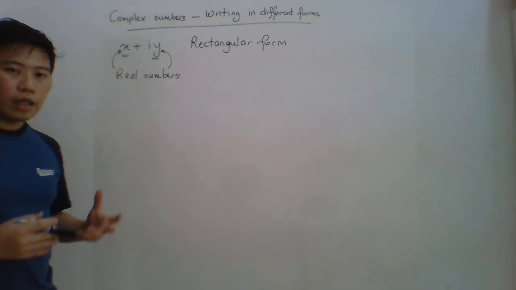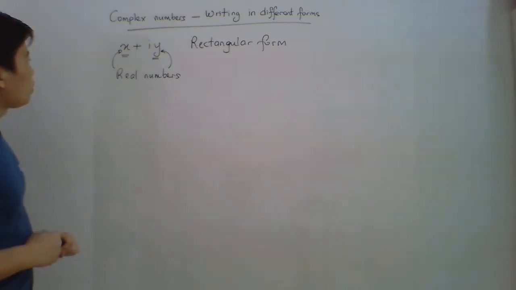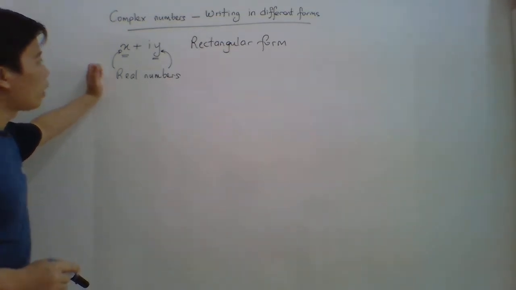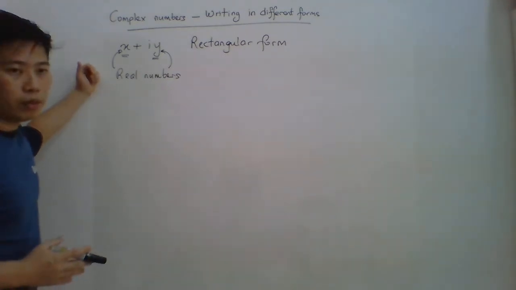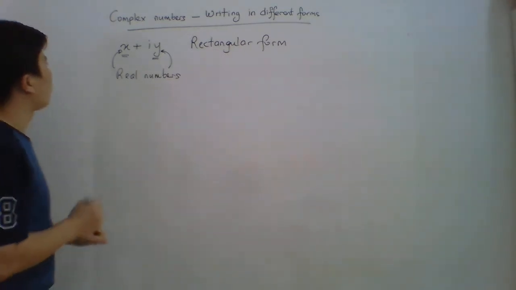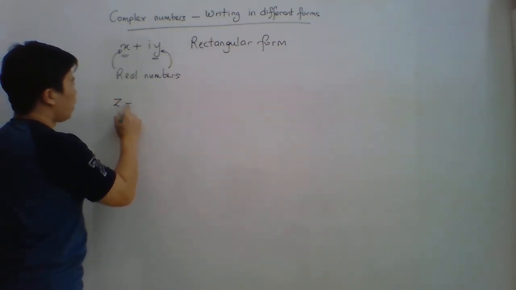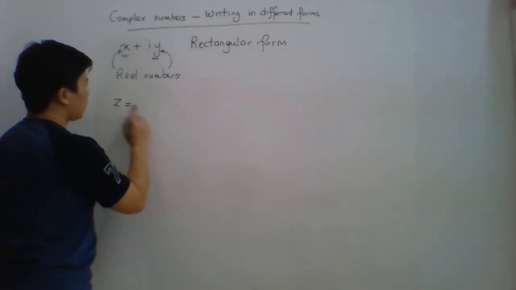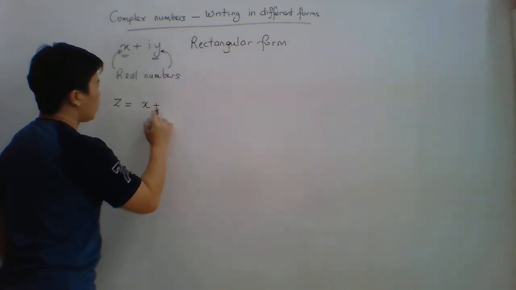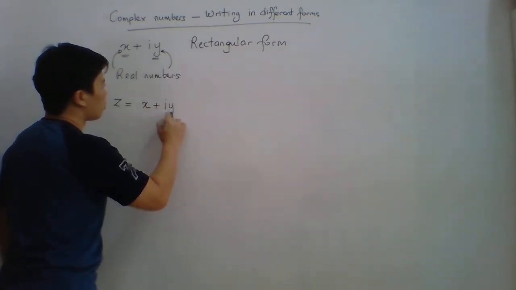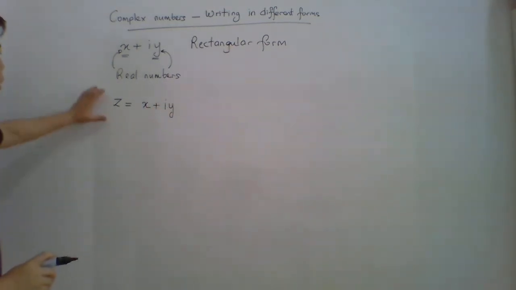And as in the case of a vector, we always represent a vector by one variable, right? So in this case, we can also represent a complex number, let's say by the letter z. So z can be written as x plus iy.